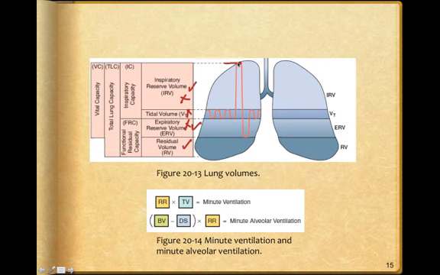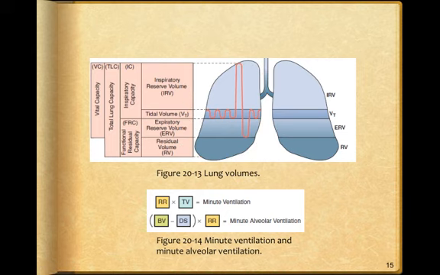So from here to here, and that includes this and this, that is called the total lung capacity. So that's essentially everything.